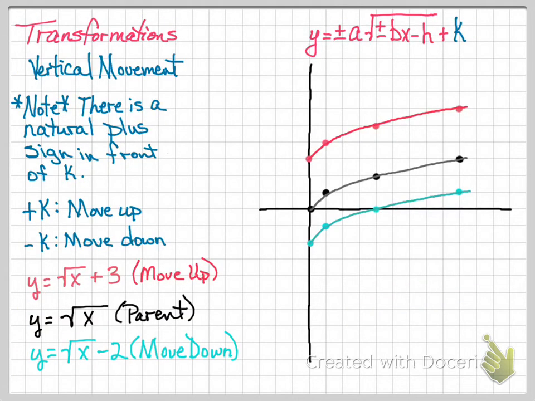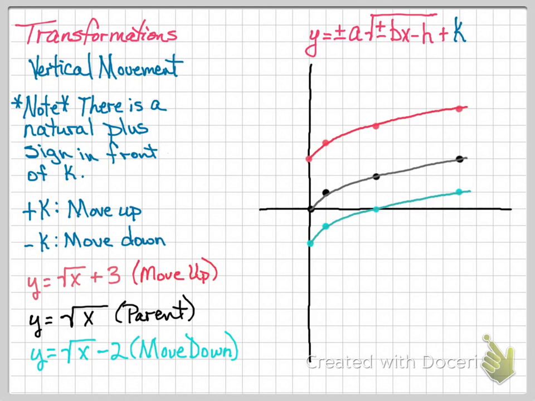Alrighty. Last transformation is in k. This is our vertical movement up and down. Did make a note here. There is a natural plus sign in front of the k. So if it's plus k or positive k, we will move up from the origin.